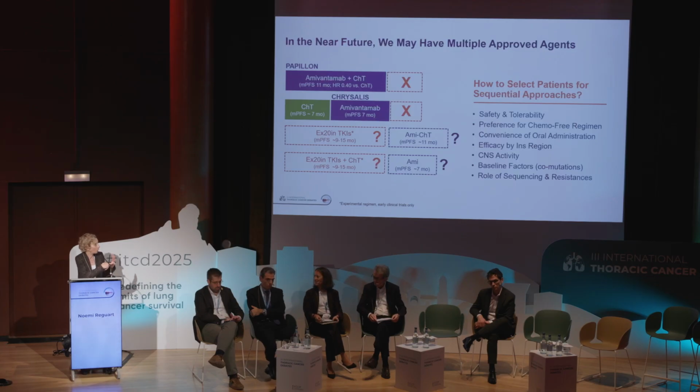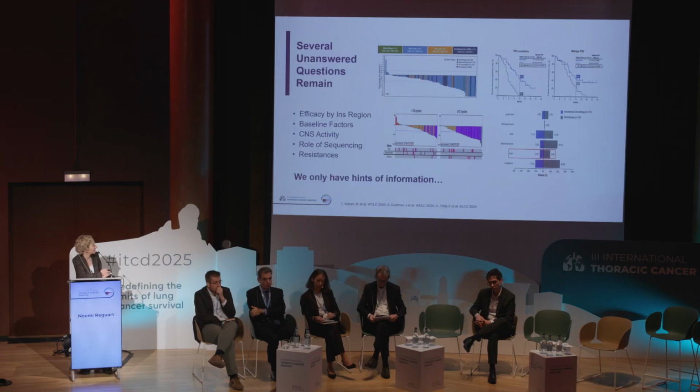We will have to decide based on chemo-free preferences, and then maybe we'll have to decide based on other factors for which we still don't have information, such as baseline factors, co-mutations, what the efficacy is depending on the insertion location, or what the activity of these different combinations is in the brain, or how these different sequences are going to influence resistance.